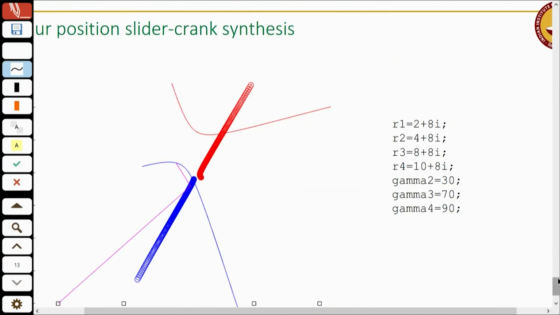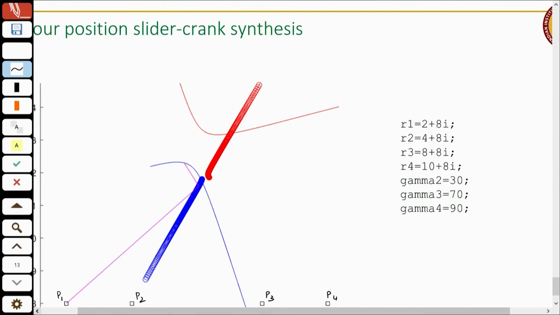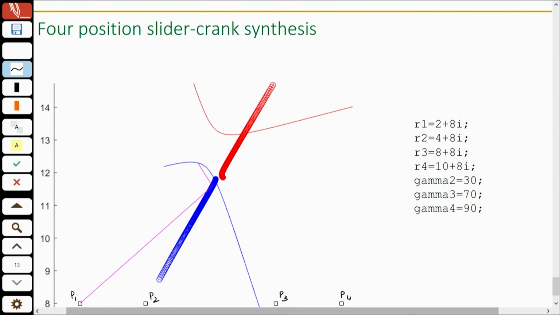You can also use the same methodology to solve for a slider crank, where you only need one dyad. So, here I have these 4 positions which are in a straight line, P4, and we want to design a slider crank with these 4.